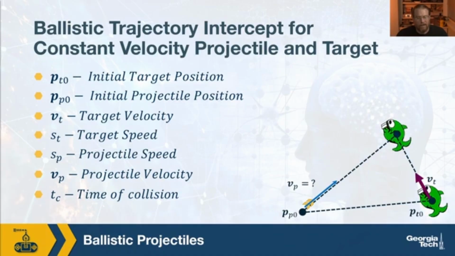We have projectile speed, which is how hard you're launching your projectile, the speed of the launch. We don't actually know the direction, so we're going to be solving for the projectile velocity. And then we have the time of the collision, the time of intercept that we'll be trying to solve for, in addition to solving for the velocity of the projectile.